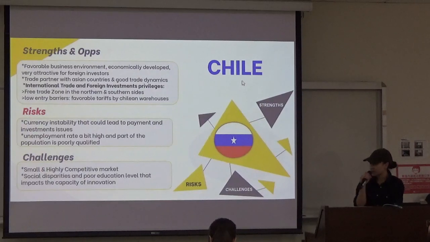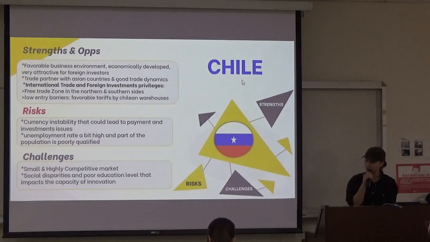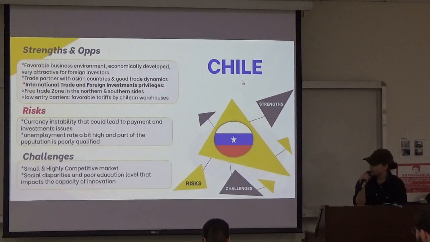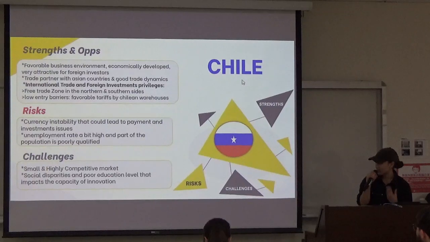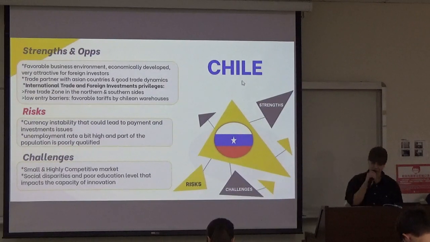However, the currency, the Chilean peso, is very unstable, and the unemployment rate is very high, similar to Brazil, around 40% or something, as well as the population being poorly qualified. So it's a very competitive market, of course, knowing that it's very attractive, but there are some social disparities impacting the capacity of innovation, which is reinforced by the unemployment rate.